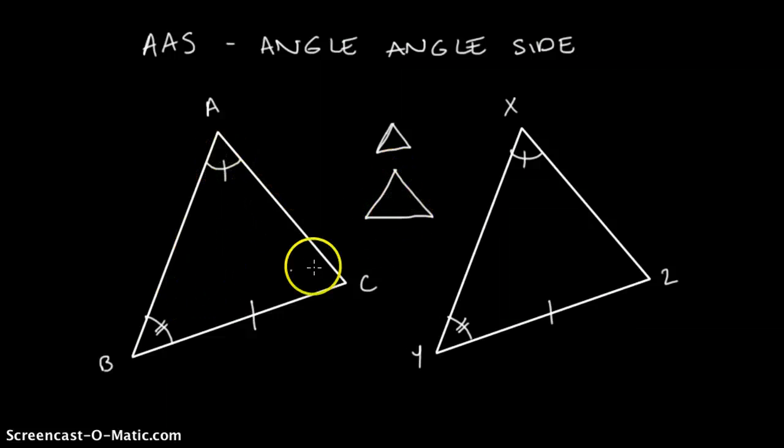But just by giving it one length, kind of by locking it in, determining that length, it does determine the size. And so my angles determine the shape, but by giving it one length, I guarantee that not only will my two triangles be the same shape, but they will also be the same size. So angle, angle, side, and the side does not need to be included. And then this is enough to say that triangle ABC is congruent to triangle XYZ.